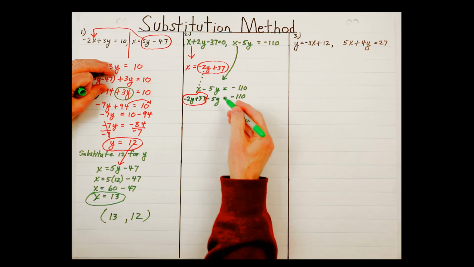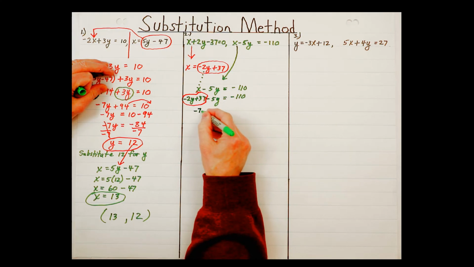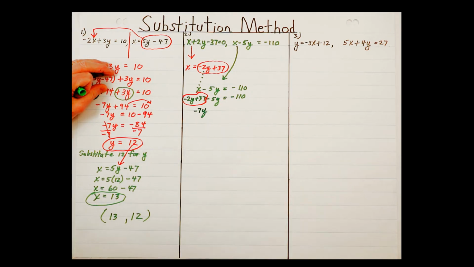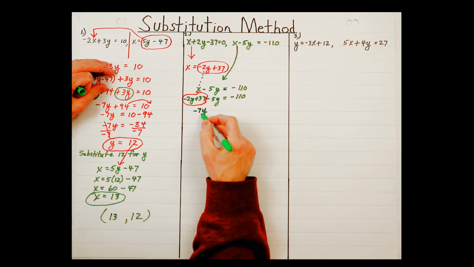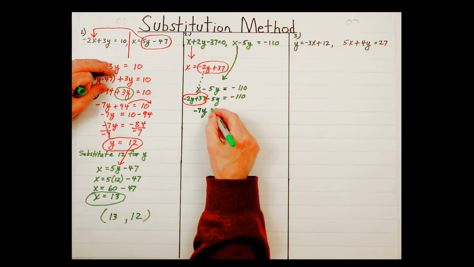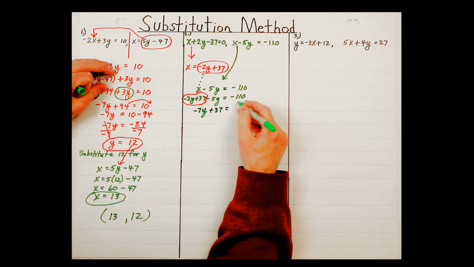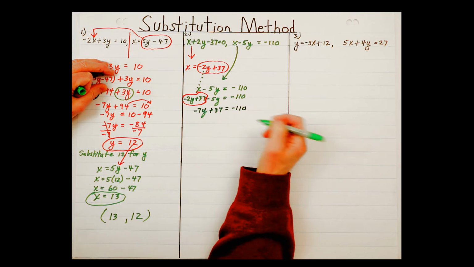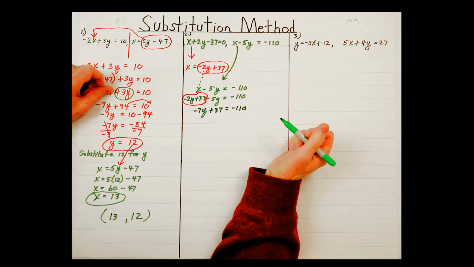All right, so we have negative 2y and negative 5y. That gives us negative 7y. We have to combine like terms here. Negative 2y and negative 5y is negative 7y. Plus 37 equals negative 110. That look okay?